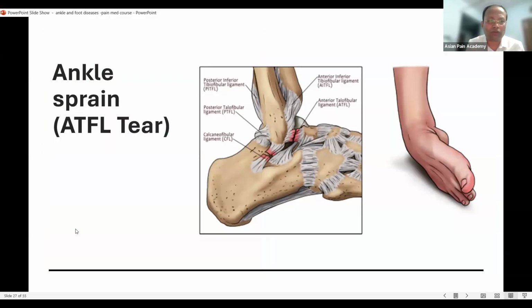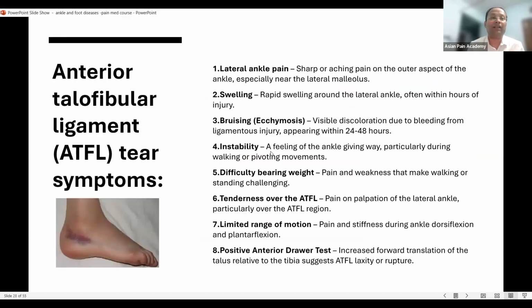First I go to the ankle sprain. As I told you, the commonest sprain is on the lateral side. This is the inversion injury, inversion movement of the ankle, and since it is too much, there is an injury of the lateral side. On the lateral side, the anterior talofibular ligament is the commonly ruptured ligament, ATFL tear.